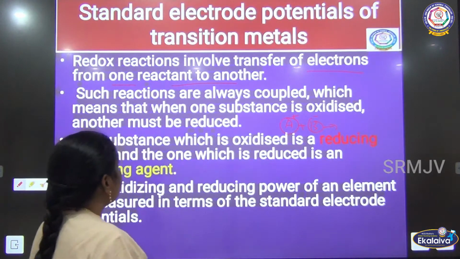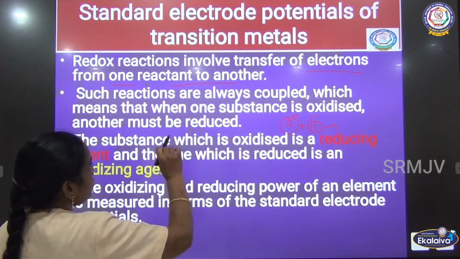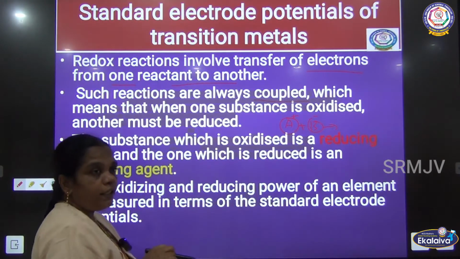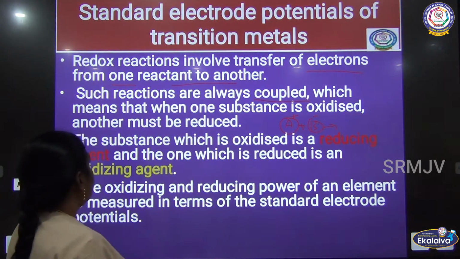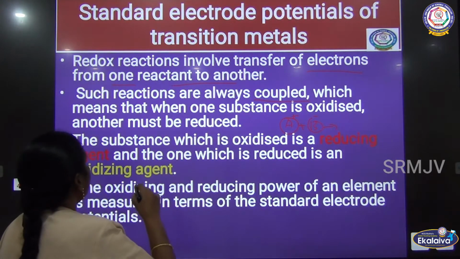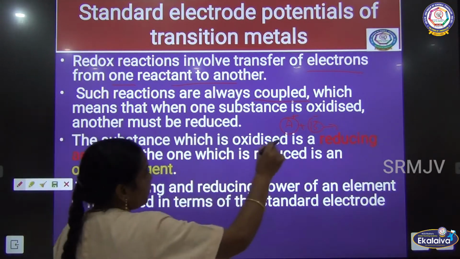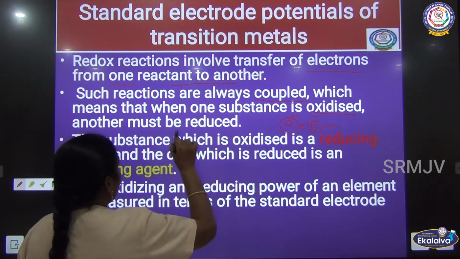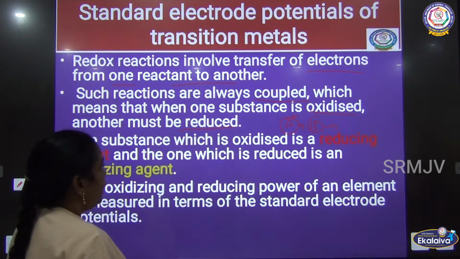So such a reaction is always coupled. What does couple mean? Oxidation and reduction take place simultaneously. So the substance which undergoes oxidation must be reduced by another element.